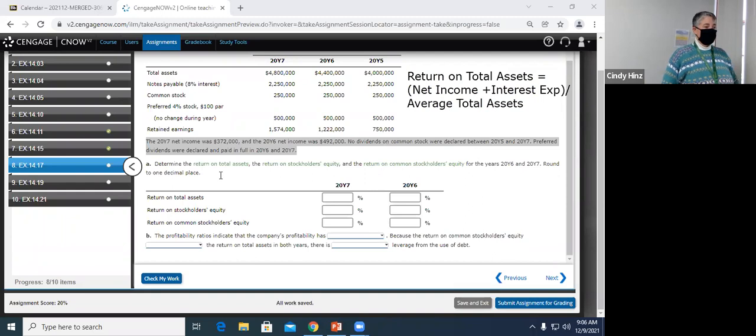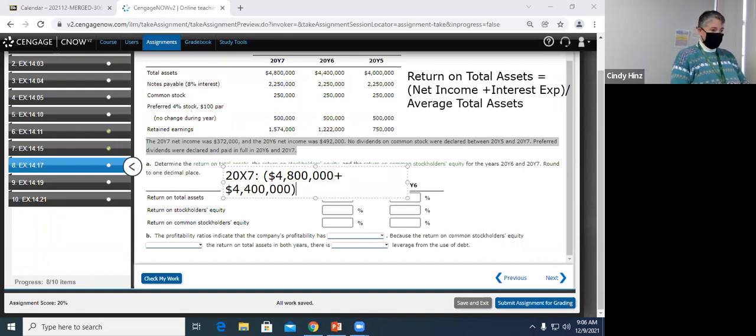So for 2017, let me find our average total assets. Well, we had 4,800,000 at the end of the year, but we had 4,400,000 at the beginning of the year.